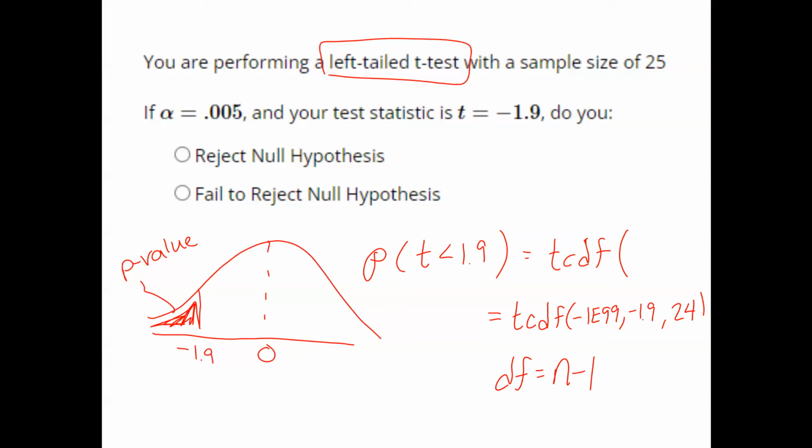I get 0.03. I probably need 3 decimal places because I'm comparing it to 0.005. So what do we get for our p-value? Our p-value is approximately 0.035.